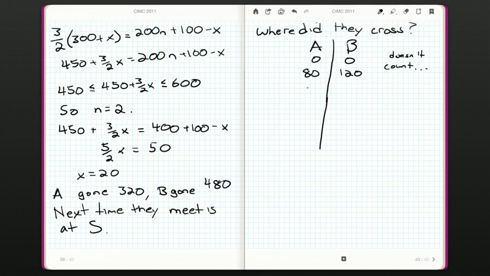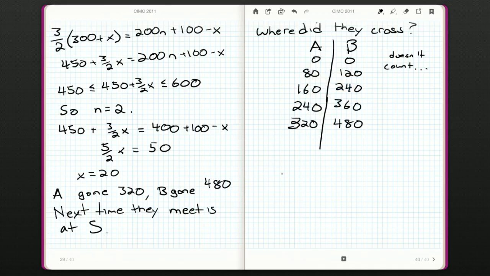I think Betty had gone 240, Alice had gone 160, and then it was 240, and Betty had gone 360, and then Alice had gone, that was this most recent one, 320, and Betty had gone 480.